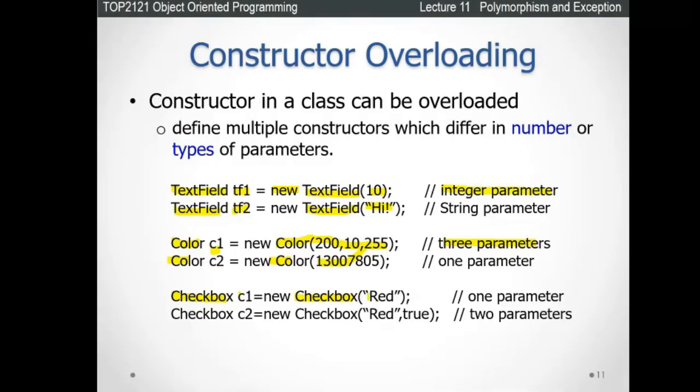We pass one parameter. What type of parameter? String type parameter. And the last one, we create the constructor, and then we pass two parameters. Okay, one is the string type, one is the Boolean type, true or false, two parameters. Okay, I hope we understand what is meant by constructor overloading.